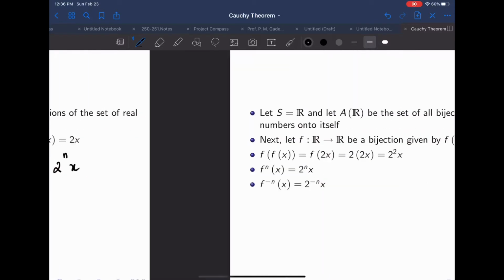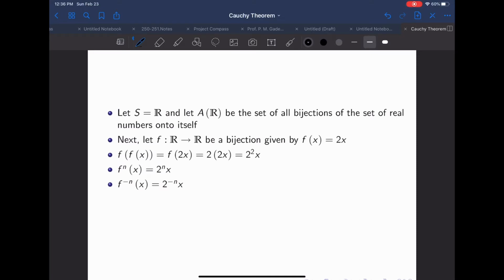All right, now if you compute the inverse of f, and remember from pre-calc how to compute the inverse of a function, you set y equal to 2x and you solve for x. When you solve for x, you get that x must be y over 2. So the inverse of the function, f inverse of x, will be x over 2, which you can also rewrite as 2^(-1) x.